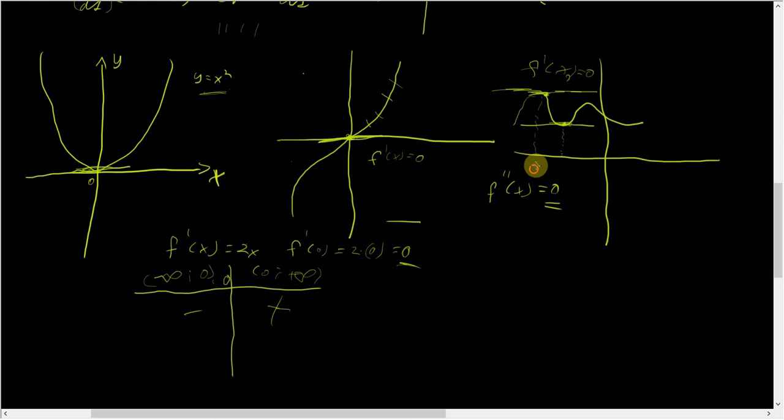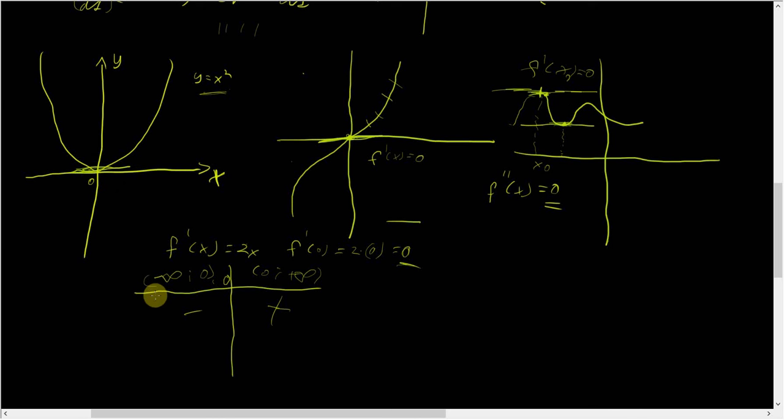This is the point x0. Exactly at this point is where we want to be focusing. We've got loads of other saddle points, like this point, which is our lowest point. And what we want to do is plug in values slightly after it and slightly before it.